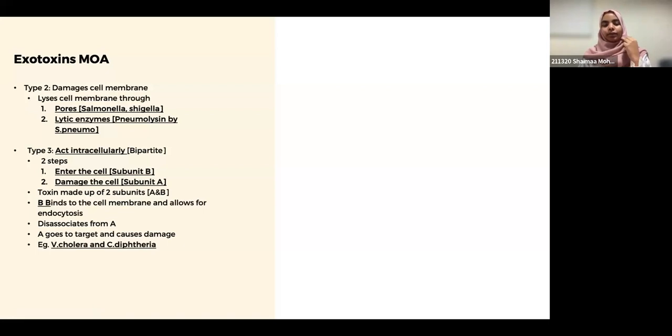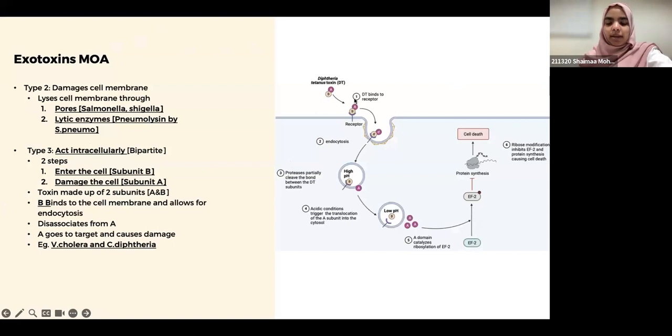An example of bacteria that have this bipartite subunit toxin are Vibrio cholerae and C. diff. So let's look at how the toxin can work. First we have the diphtheria toxin, which is made up of two subunits, A and B. It binds through the B subunit to the receptor, and then it's engulfed by endocytosis.